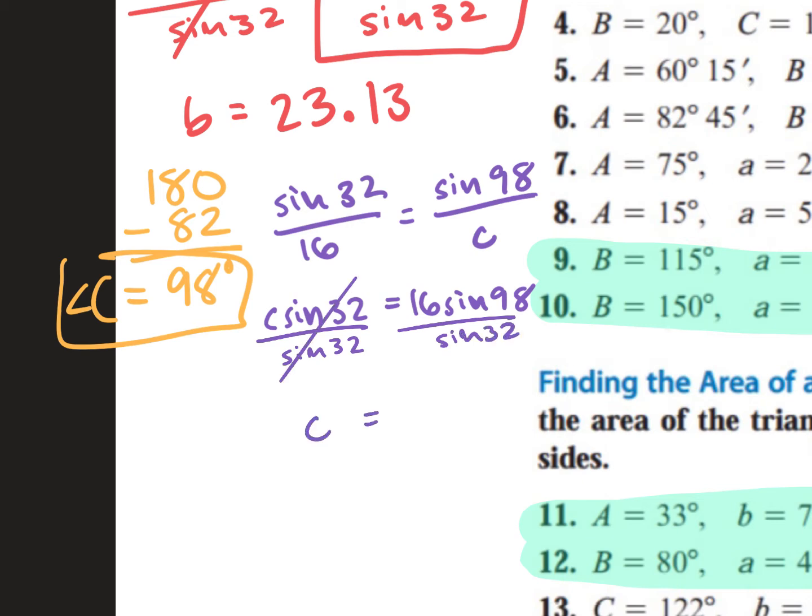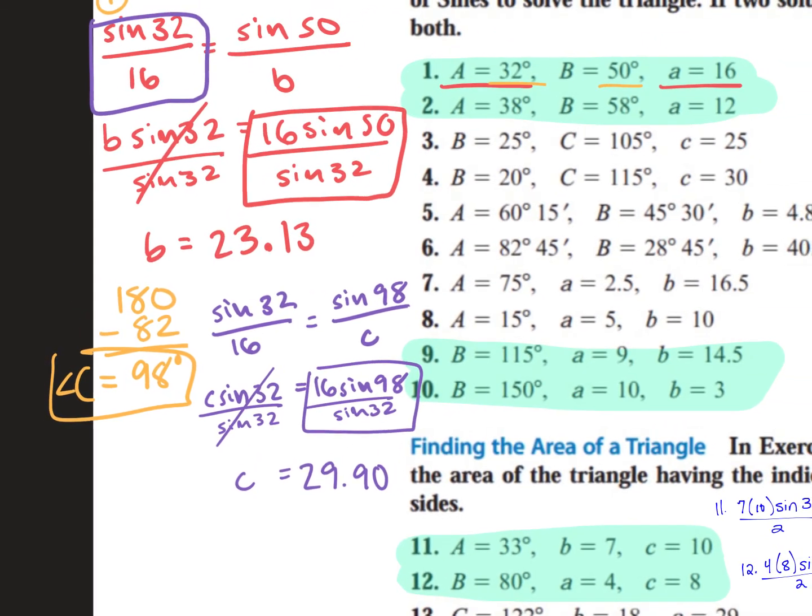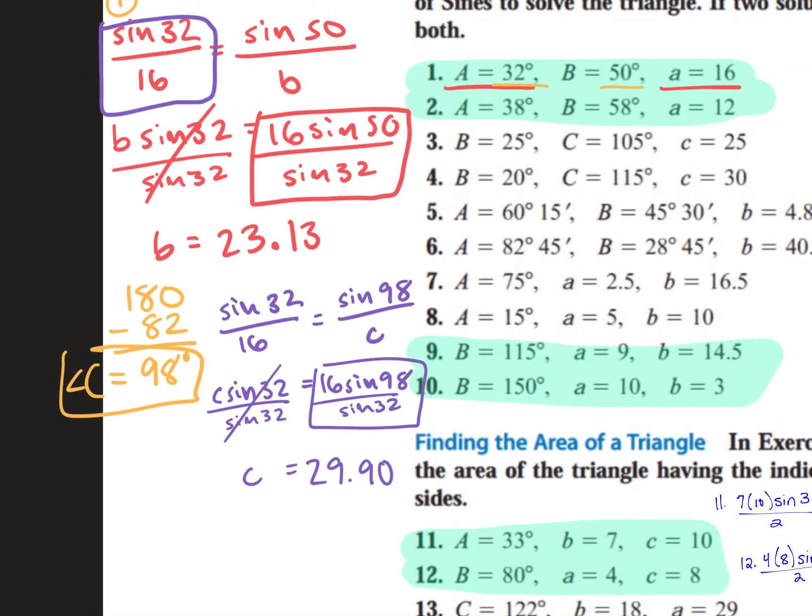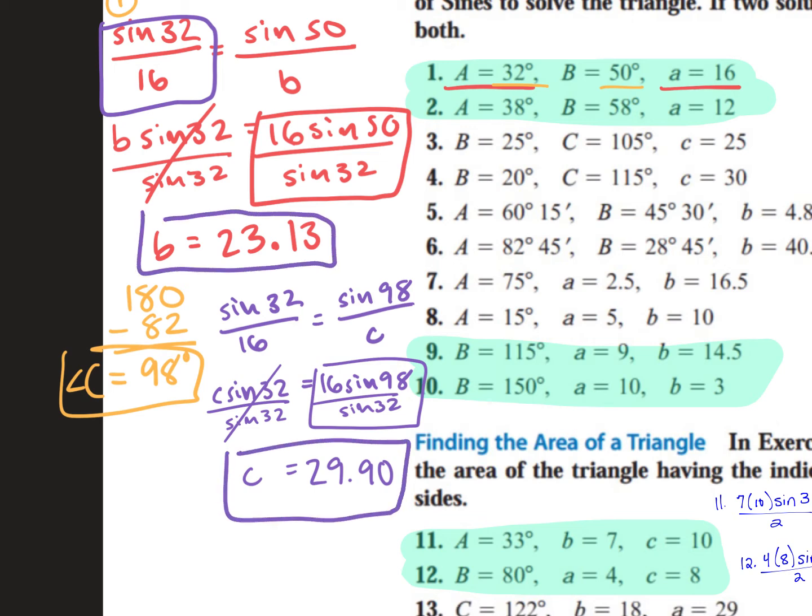So C is equal to whatever this is in the calculator. So that gives us 29.899, so it would be 30. Again, multiple choice, you don't have to worry about rounding. Really don't even have to worry about the units because those will be on there already for you. Just coming up with the numbers is the important part.